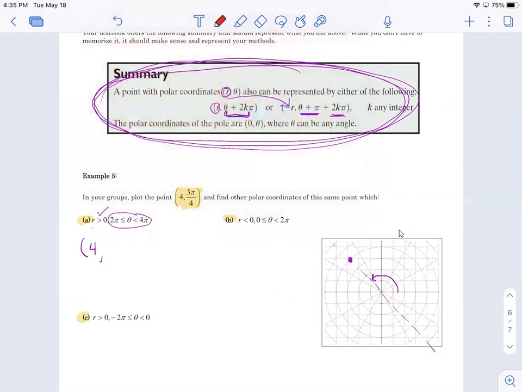So I want to go around the circle once, and then that additional 3 pi over 4. So if I go around the circle once, I add 2 pi to it. And if you want to be using this, you'll see that's exactly what I did based on this algebra system.